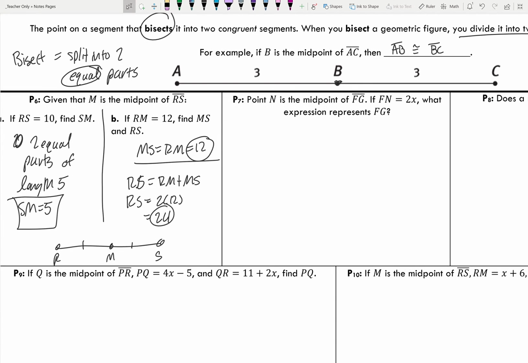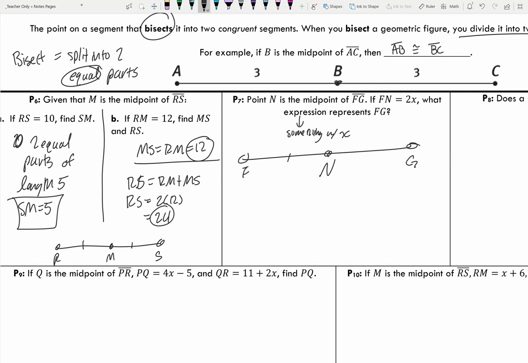Number 7. Point N is the midpoint of segment FG. If FN is equal to 2x, what expression represents FG? Okay, so expression, I'm just looking for something with x. It looks terrible, I'm sorry. So I have F, G, and then N in the middle.